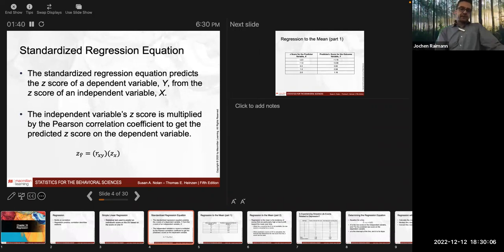So now we're going a step further. When you have a y variable, your dependent variable, and an x variable, in the same fashion as we did at the beginning of the semester, we standardize our individual scores on a normal distribution. You can do this with your independent variable x.